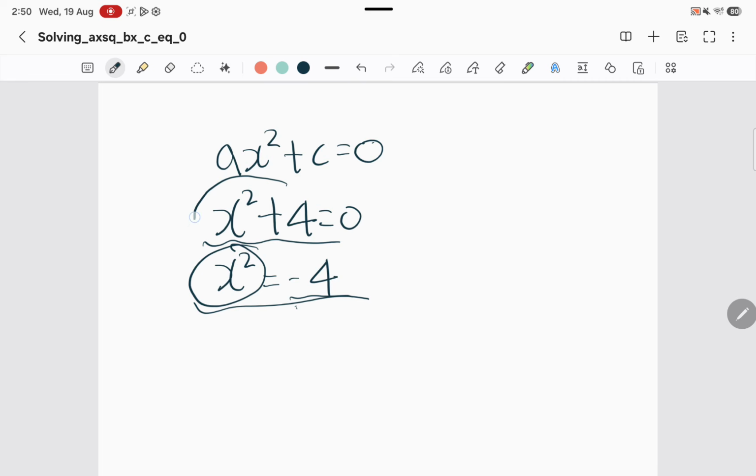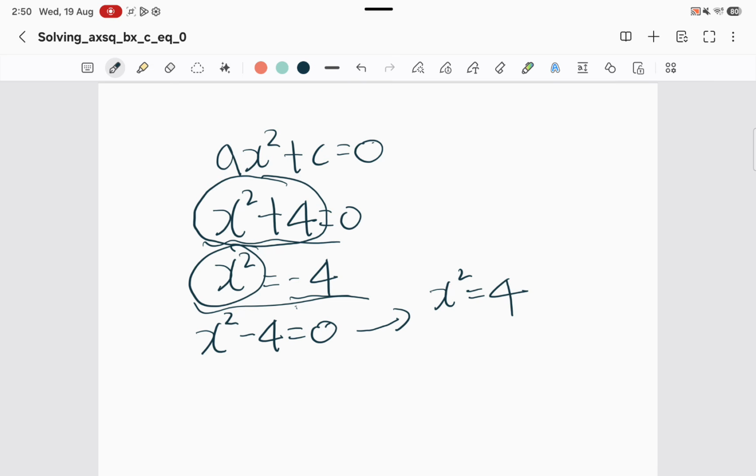We can't factorize this one, but what about x squared minus 4 equals 0? What we did in the last video was x squared equals 4, and then we take the square root of both sides.